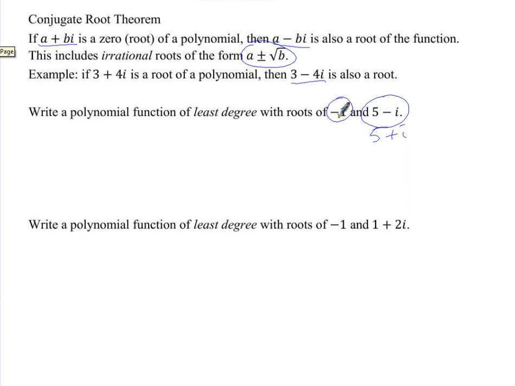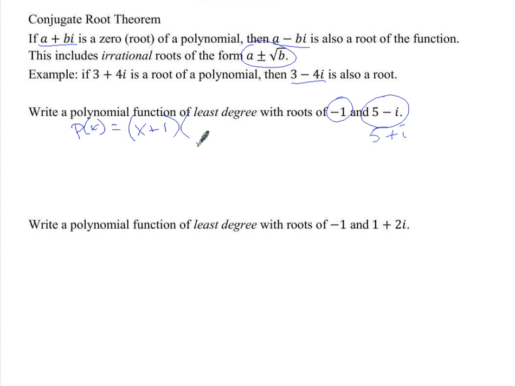We're going to come up with x minus each one of these roots, and then we're going to have to multiply all those together. So my polynomial, p of x, will be the first root, which is -1, as a factor. So that'll be x plus 1. x minus -1 is x plus 1.